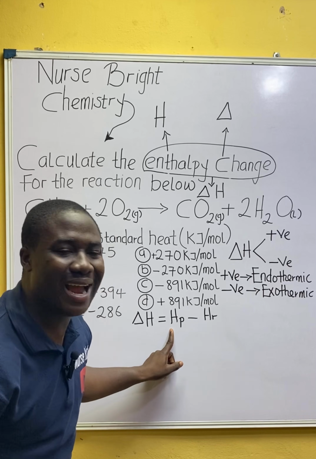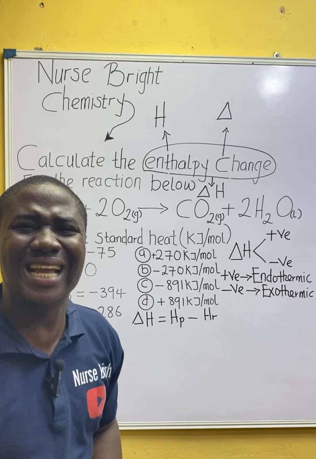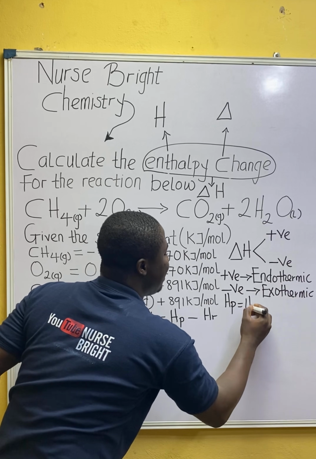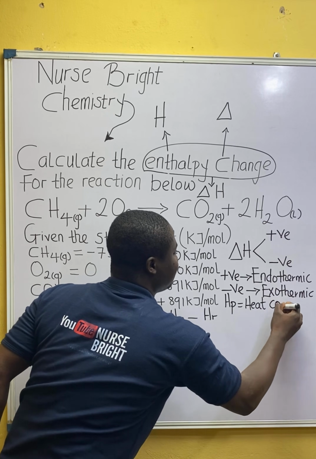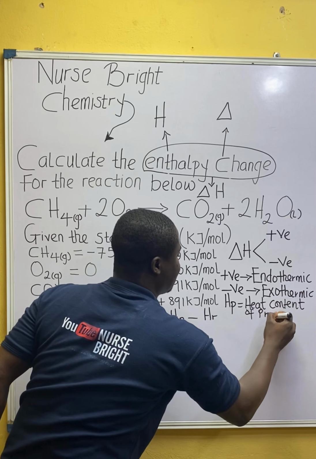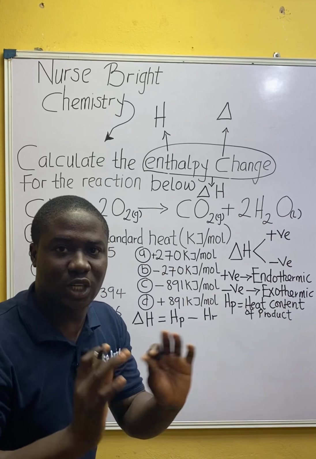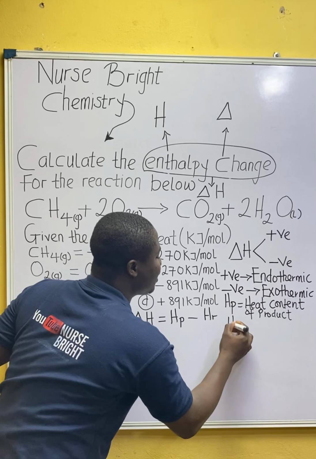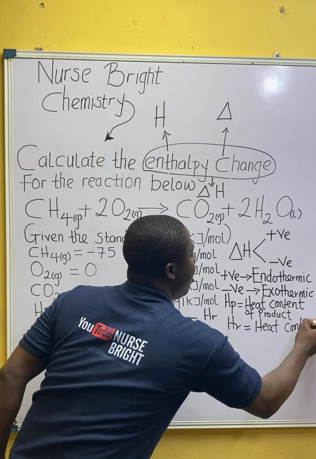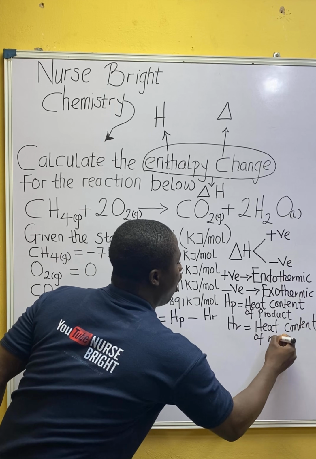Now, HP here simply means heat content of product, all right? HP here simply means heat content, listen carefully, heat content of products. We were given in this question, relax, whereby HR simply means heat content of reactant, because we saw what?